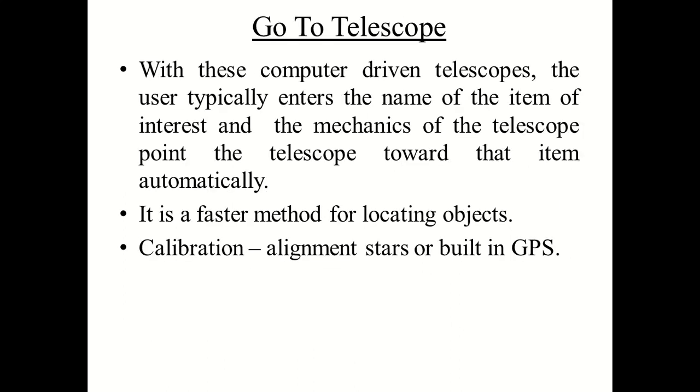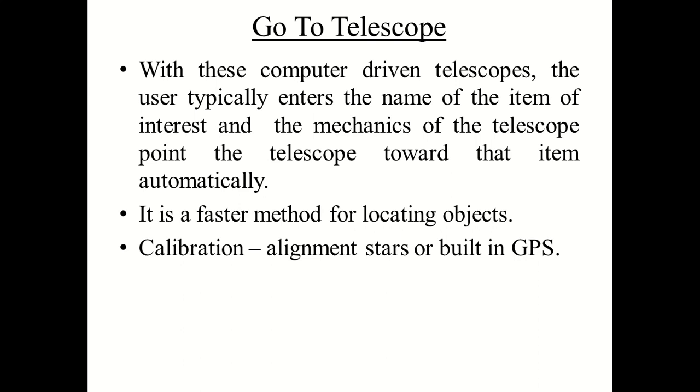Another method used by amateur astronomers for their observation is the GOTO telescope. It became more popular since the 1980s, since technology has improved and prices have been reduced. With these computer-driven telescopes, the user typically enters the name of the item of interest and the mechanics of the telescope point the telescope towards that item automatically.